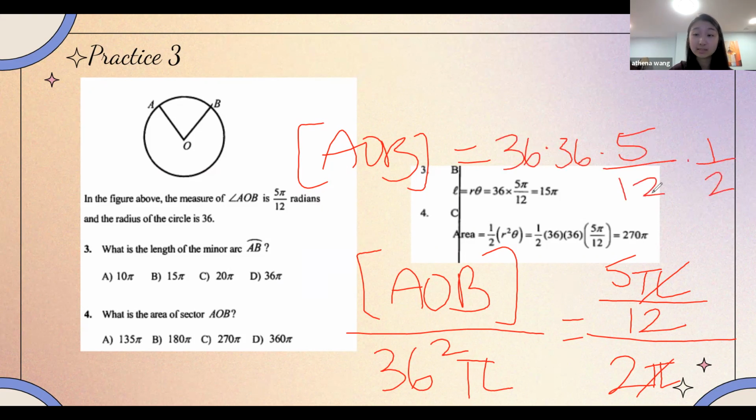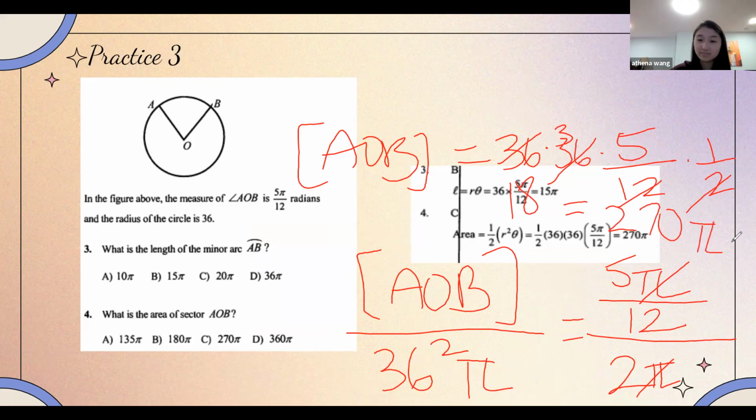We can cross out a 36 to make it a 3 because we divide by 12. For the other side, we have 18 because we divide by 2. Now we have 18 times 3 times 5, and this should get you to 270 pi. Oh, I forgot the pi. We multiply by a pi from here.